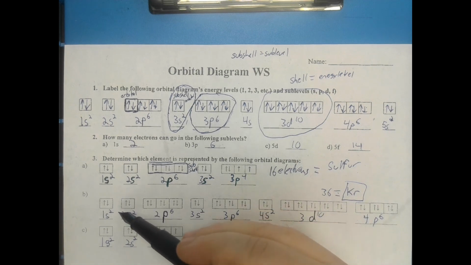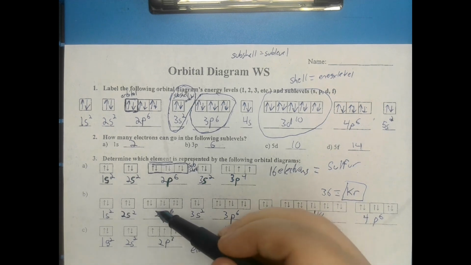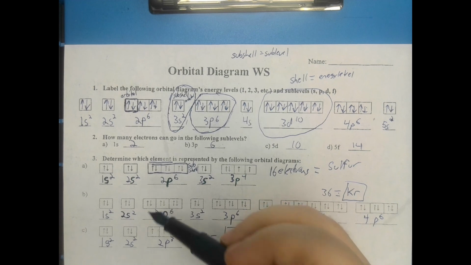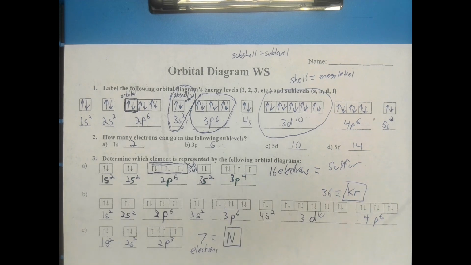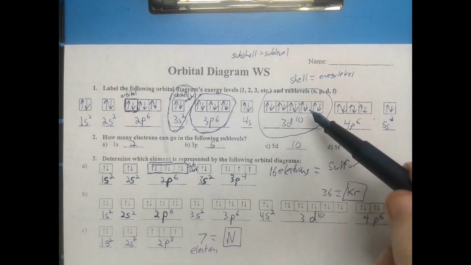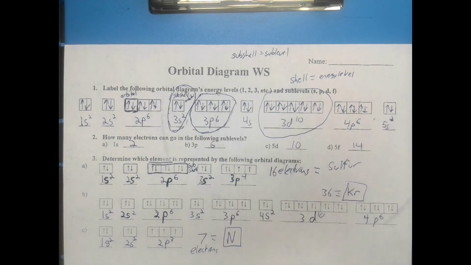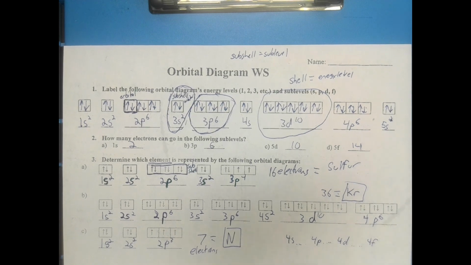So we can see in the second energy level, at most only 8 electrons can go in it. You could do the same thing for 3, but looking at just 3s, how many can go in that? You can do the same thing for 4. So 4 is composed of a 4s, and then a 4p, a 4d, and then a 4f.